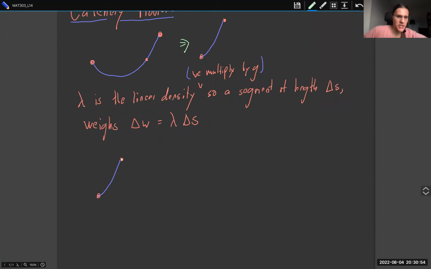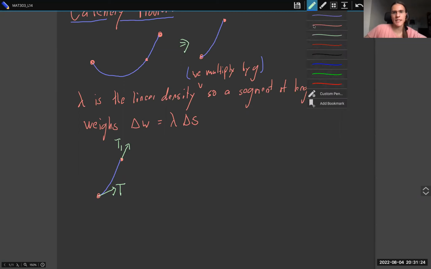There's going to be a tangent to the curve here, and we can call this direction T1. And there's going to be a tangent to the curve here. Notice that in general, they are different, so the tangent here and the tangent here are actually going to be different.